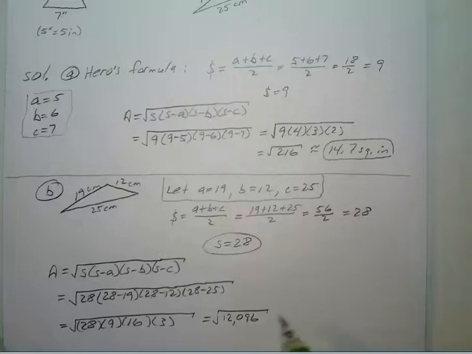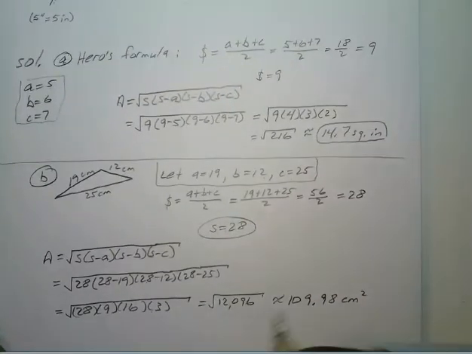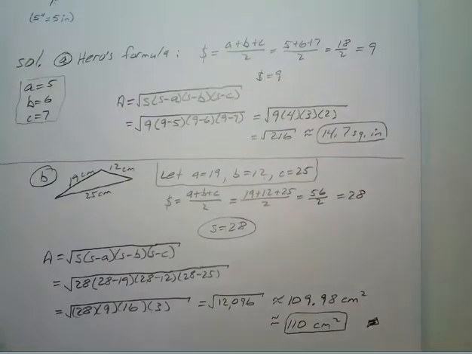Okay, plug that into your calculator. You get around 109.98 centimeters squared. And if you round that to the nearest tenth, you get 110 centimeters squared, which is your rounded answer.